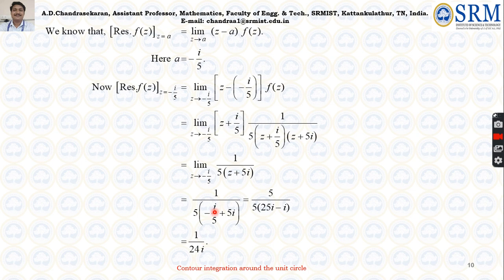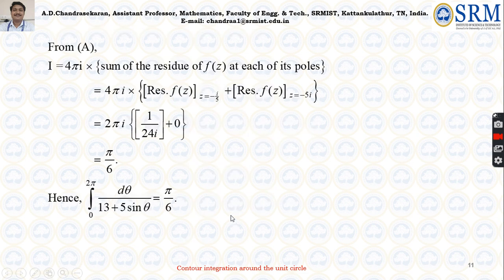Substitute z equals minus i by 5. So 25i minus i, the 5 and 5 cancel. So this becomes 1 by 24i. Right? So now by using Cauchy's residue theorem, from equation A, the requirement is I equals 4 pi i into the sum of the residues.